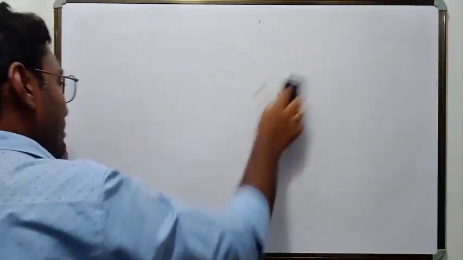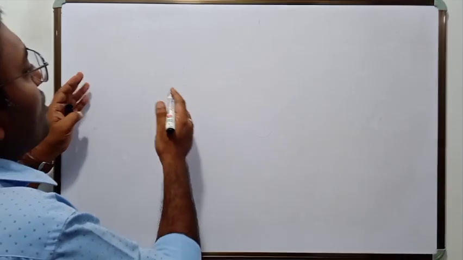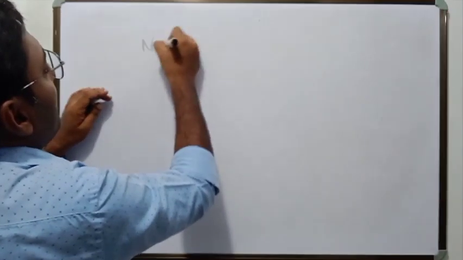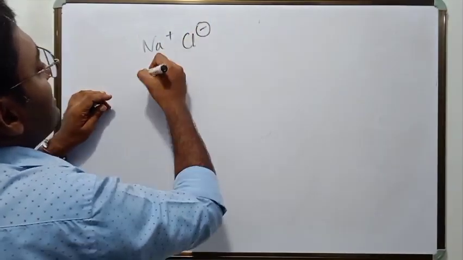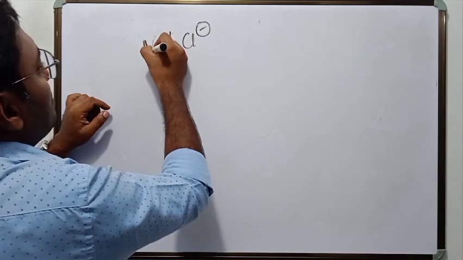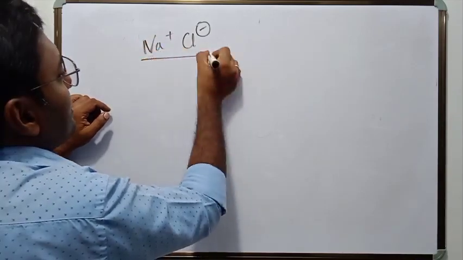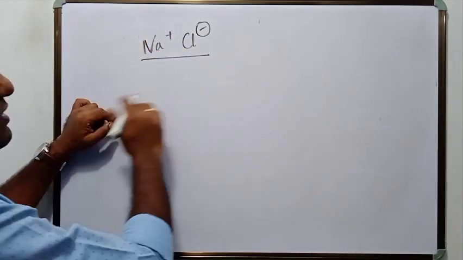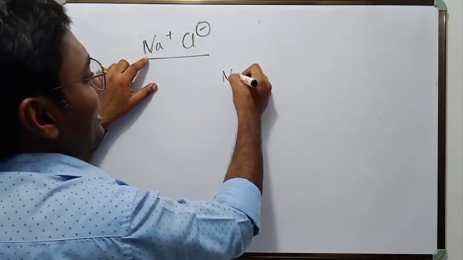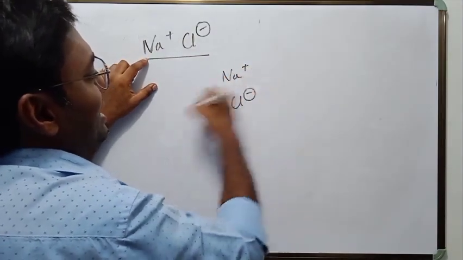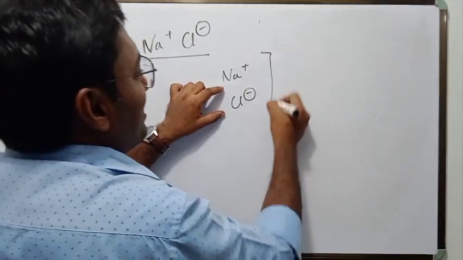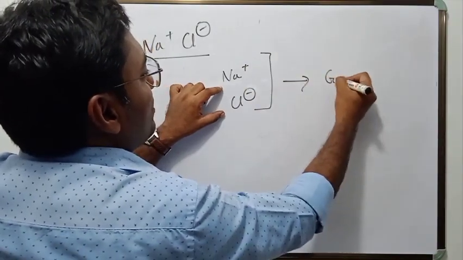Now let us see the properties of ionic compounds. Na plus Cl minus exists as this, right? First of all, if you dissolve it in water, what will be the situation? It would exist as ions. Therefore, in aqueous solution they are good conductors of electricity.